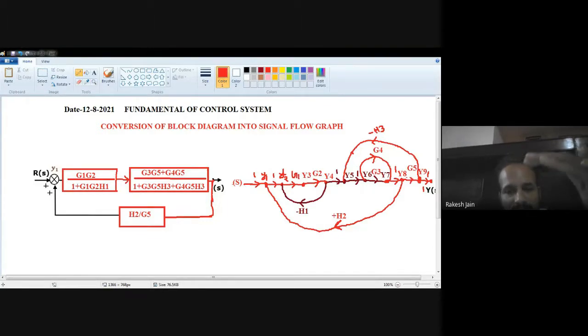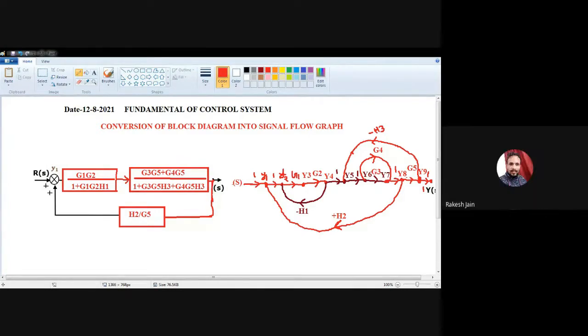If you have no query, then type yes. Just wait for a minute. Okay. Yes.